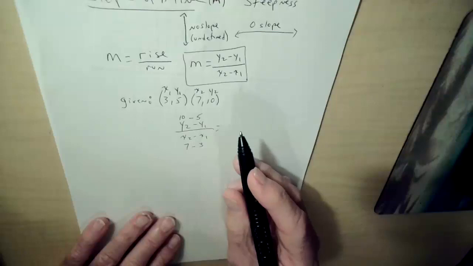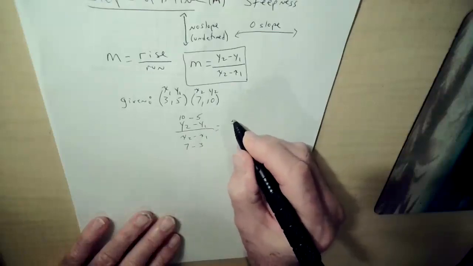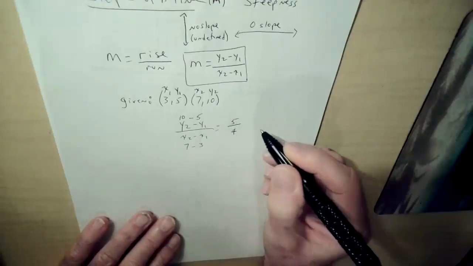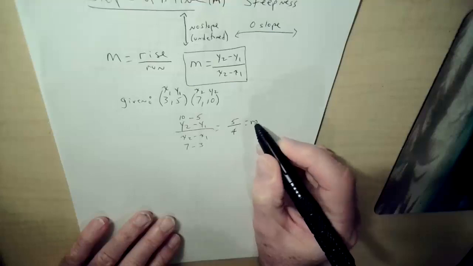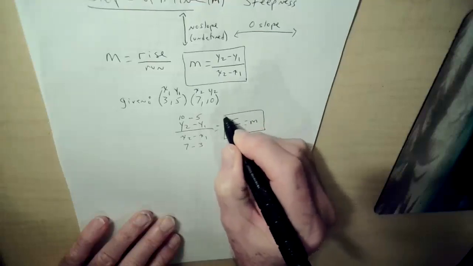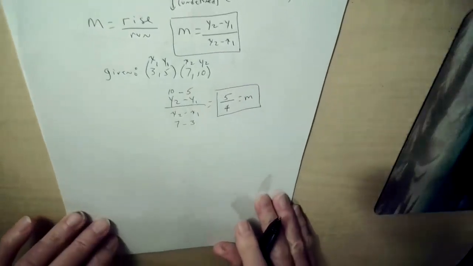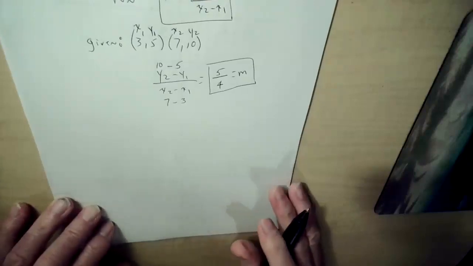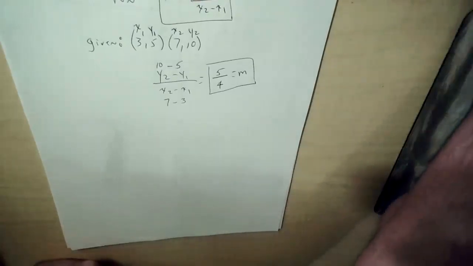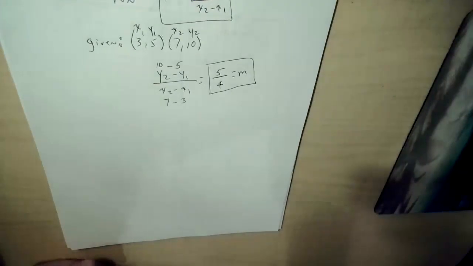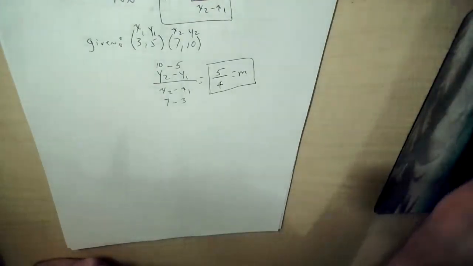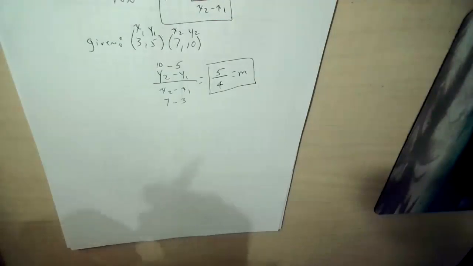Everybody with me here? x2 is 7, x1 is 3. Now we just do the arithmetic. 10 minus 5 is 5 over 4. This is our slope. Again, what's the one thing we can calculate from 2 points? Slope.